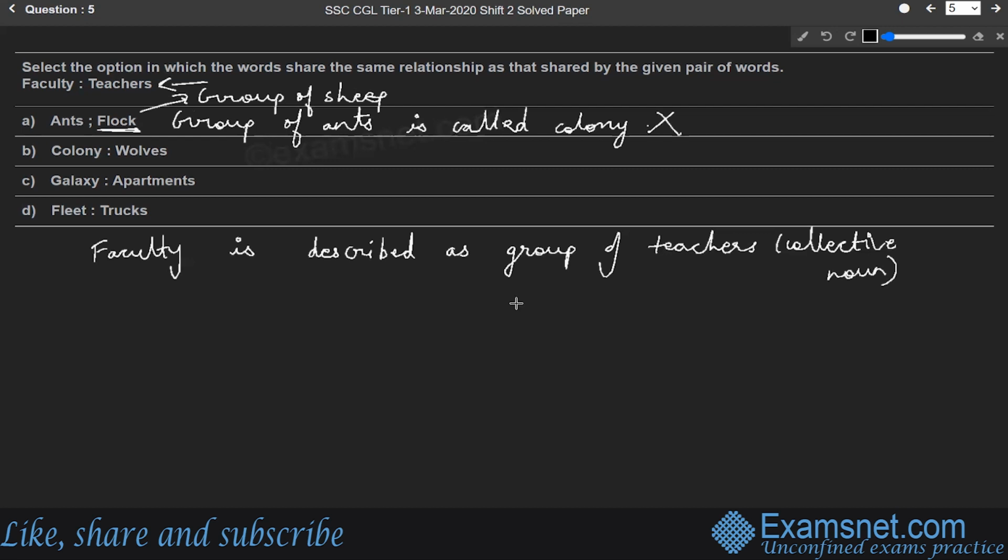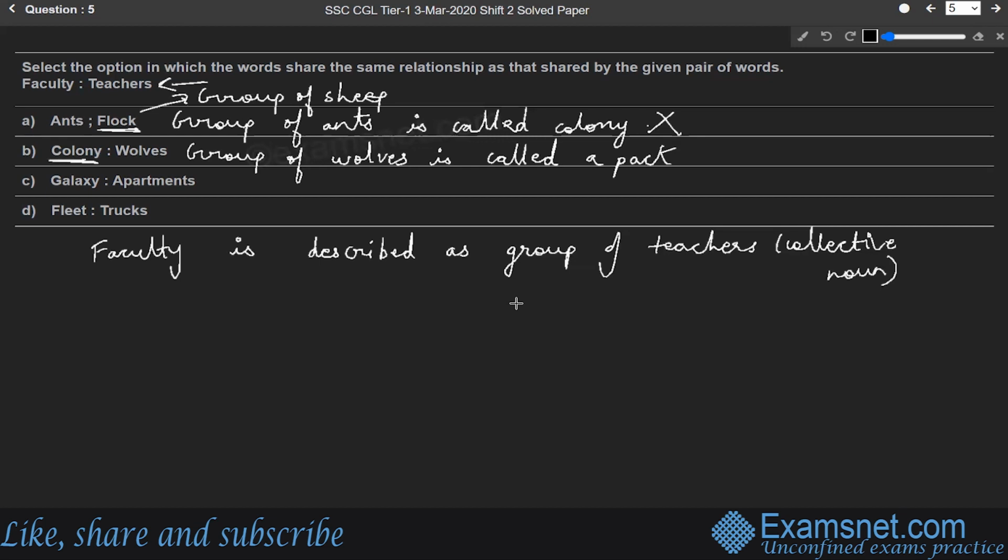Second option is colony and wolves. Do you know what is a group of wolves known as? Group of wolves is called a pack. They are described as a pack of wolves. And we know that colony is referred to ants.